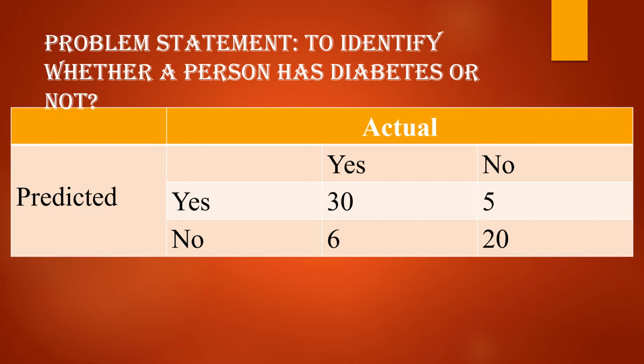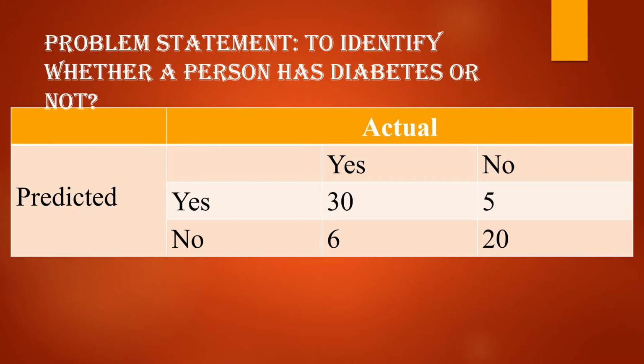So, our model correctly predicts for 30 people. What does 5 imply? 5 people who do not have diabetes are predicted by the model to have diabetes. What does 6 imply? 6 people who actually have diabetes are predicted to not have diabetes. 20 people who do not have diabetes are predicted to not have diabetes.